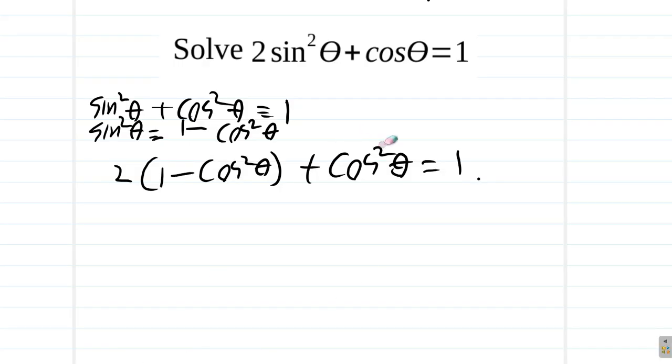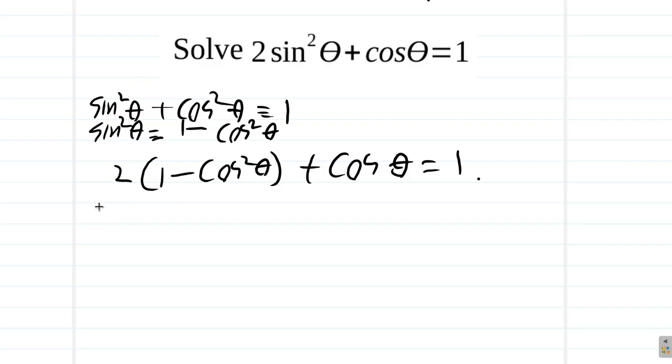You can see that there is a cos squared and there's a cos. If you make cos theta become x, then you have an x squared and an x. So you solve a quadratic equation in x and then substitute back the cos theta for x later on.